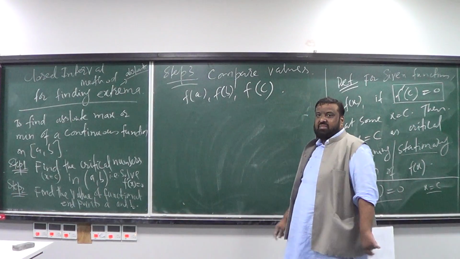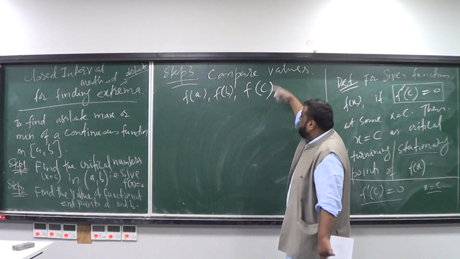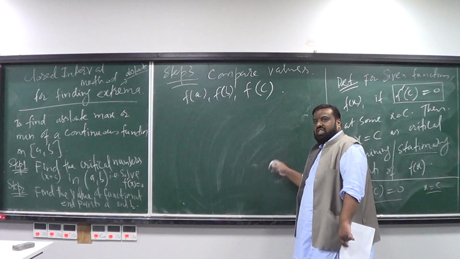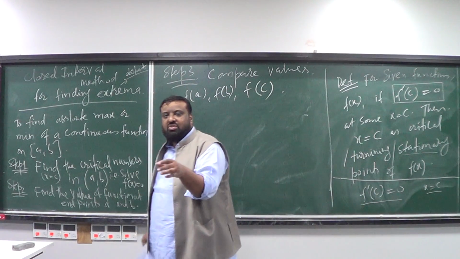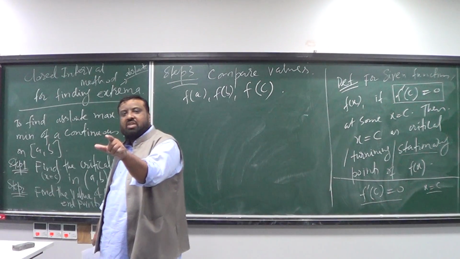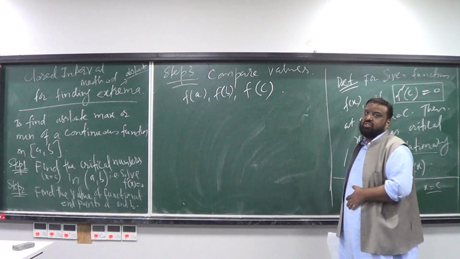After comparison, in these three values, there may be more critical points actually, in these 3 or 4 values, the biggest value is going to be the absolute maximum and the smallest value is going to be the absolute minimum actually.